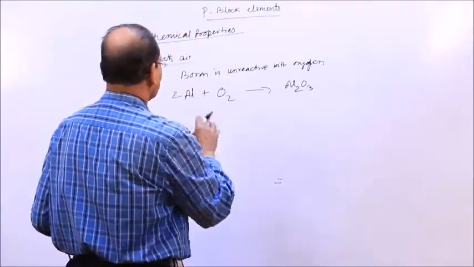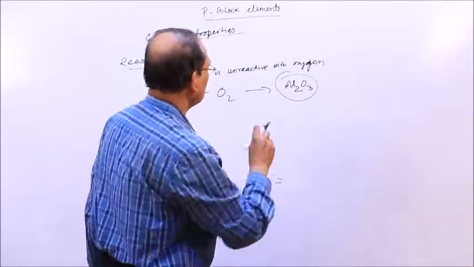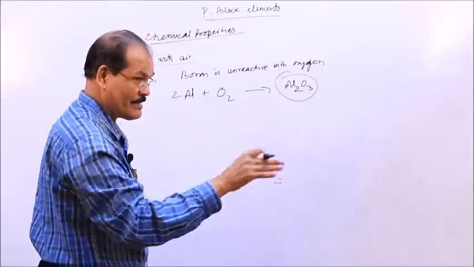The aluminum oxide that is formed gives a layer on the outermost surface and further reaction is restricted.